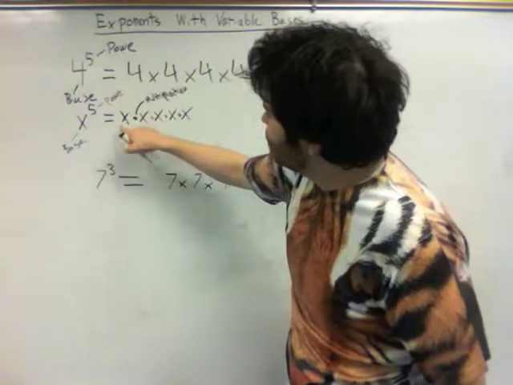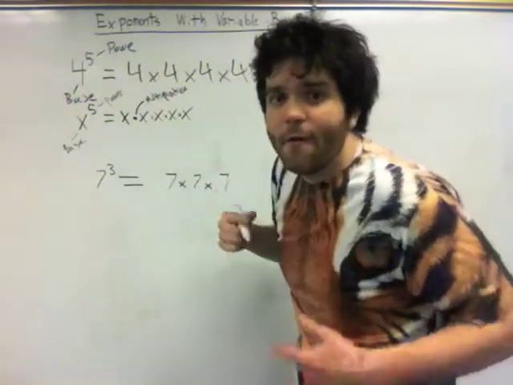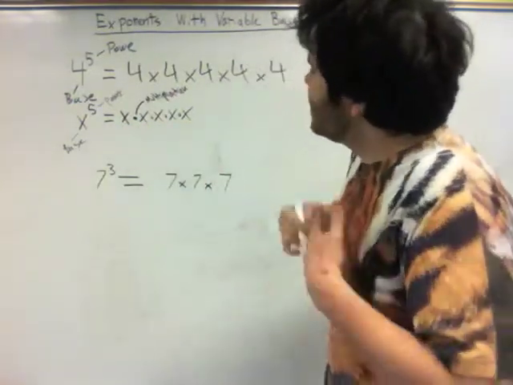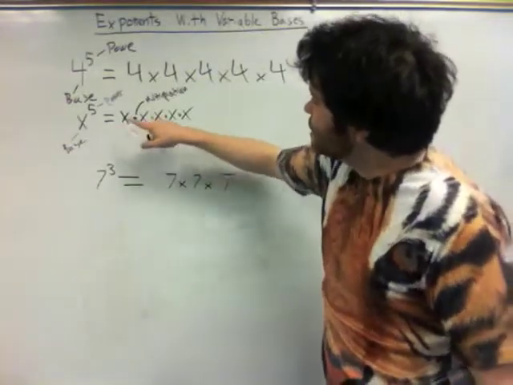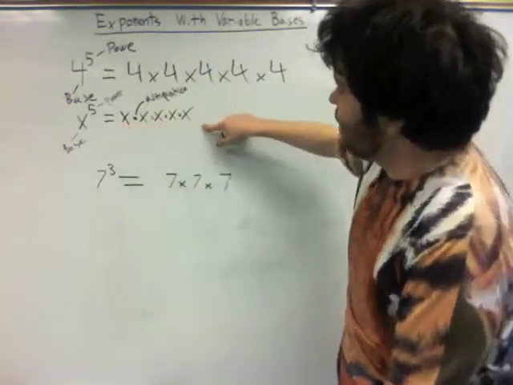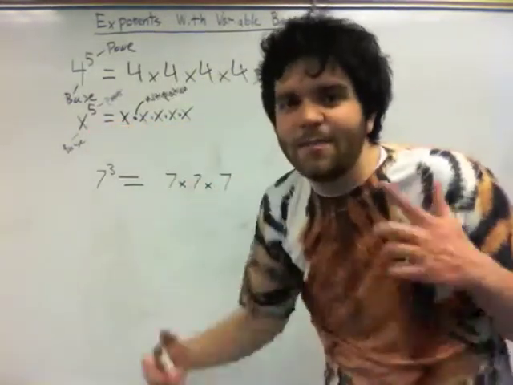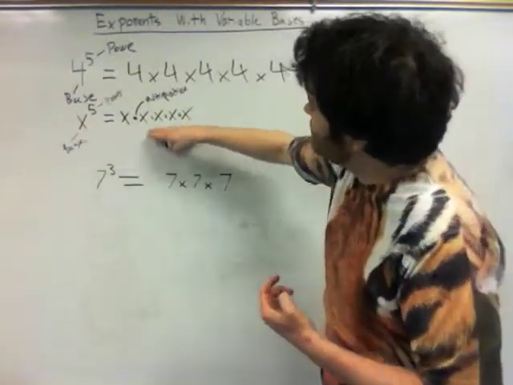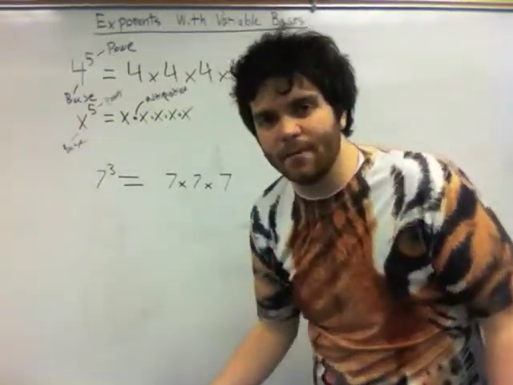That's not too hard to understand, right? We've got some number times itself 5 times, and that's exactly what x to the 5th means.